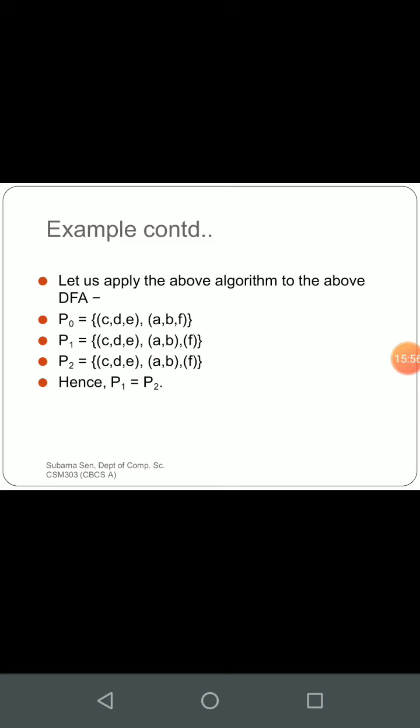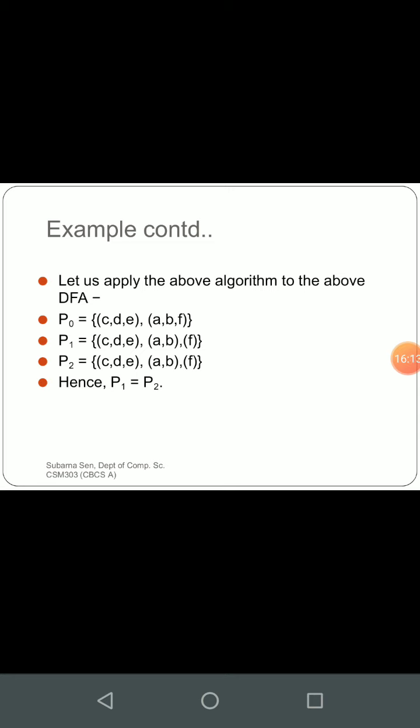And if we put 1 at A, it will move to C, and if we put 1 at B, it will move to D. Again, both of these states are final states, so they are following the same procedure.